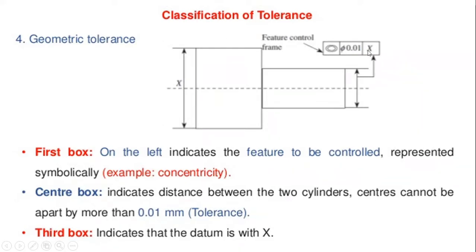This indicates the tolerance between the two cylinders. The centers cannot be apart by more than 0.01 millimeter. The centers of the objects should not exceed 0.01 millimeter from the reference center. This is also called a geometrical tolerance.